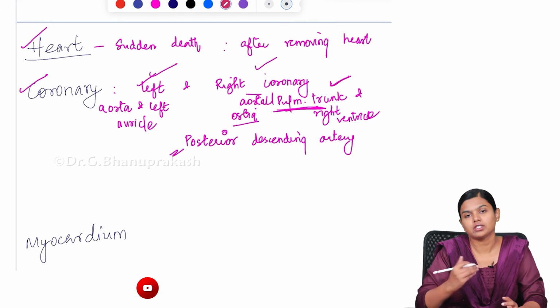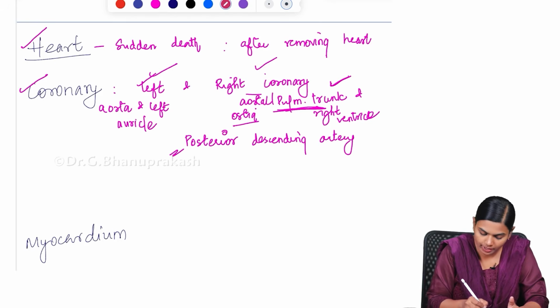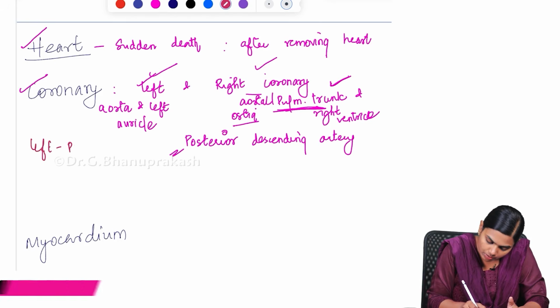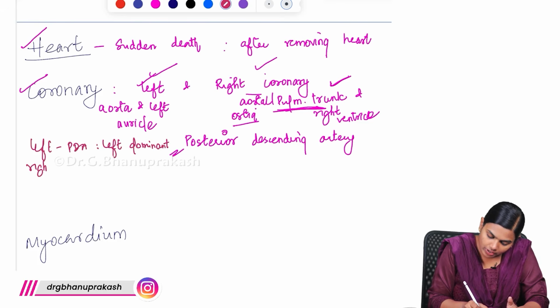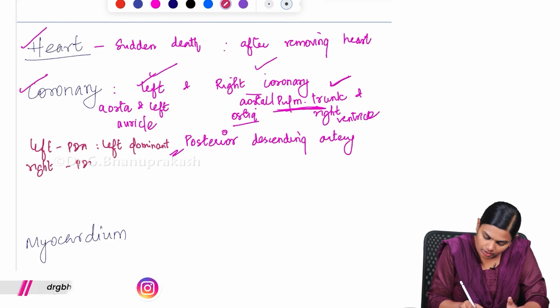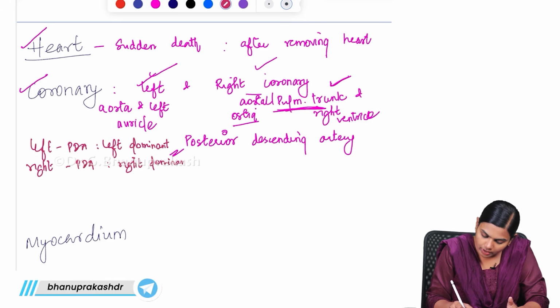So whichever side is giving this PDA, like if left gives out this posterior descending artery, then we call them left dominant, and if the right side coronary artery is giving this branch, then we call them right dominant. So this is how we determine the dominance.